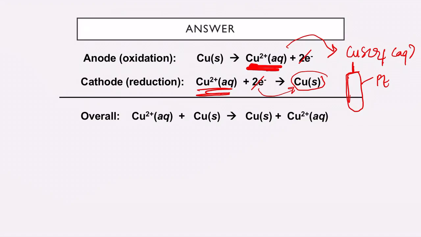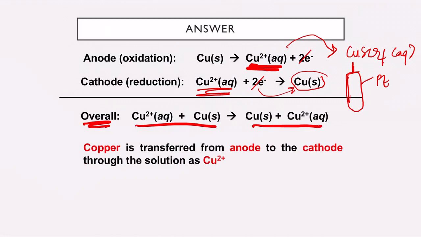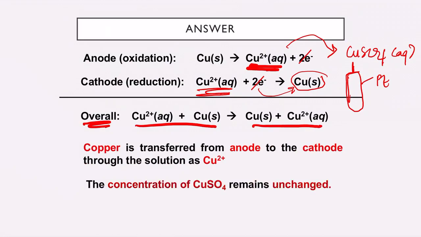Okay, so if you look here, this is your overall cell equation. Nampak tak? Ni dengan ni sama kan? Equal kan? What does that mean? It means that the concentration of your copper sulfate, it remains unchanged about, the copper 2 plus consumed is being produced again, as well as the copper solid.